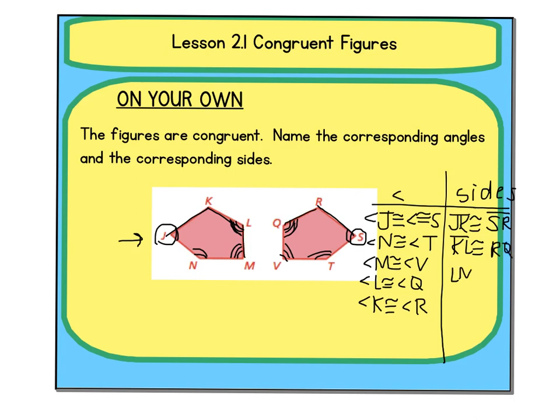LM is congruent to QV. MN is congruent to VT. And finally, NJ is congruent to TS.